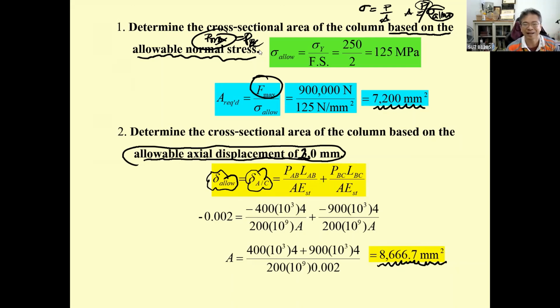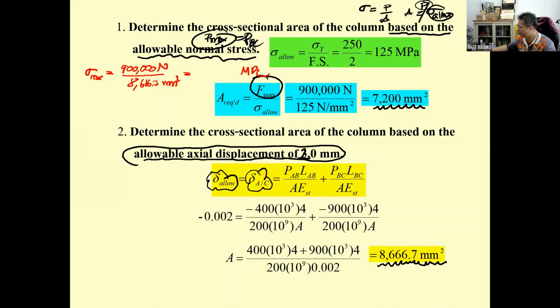By putting this one, you will get the stress. The stress maximum is going to be 900,000 Newton divided by 8,666.7 square millimeter. So this is going to be what? Less than 125 megapascal. 900,000 divided by 8,666.7.